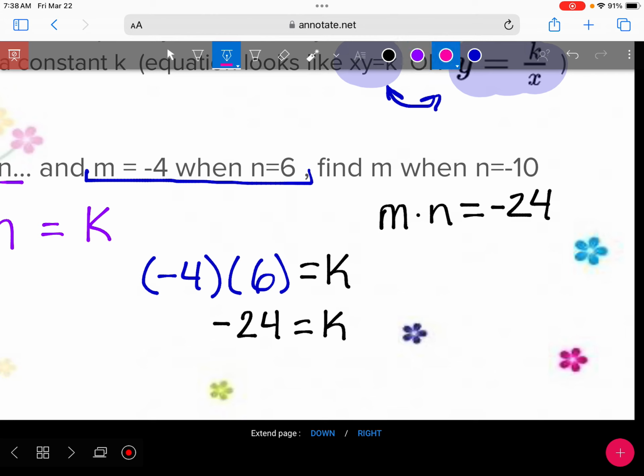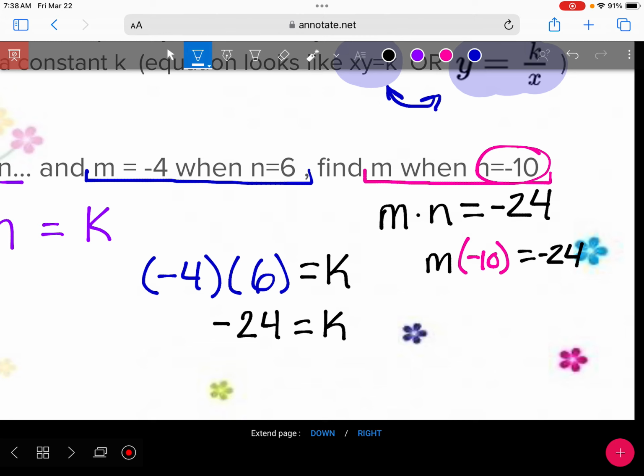So we've been asked to find m when n is -10. There we go. I'm good at words. So I know n's going to be -10, so let's substitute that in. m times -10 equals -24. What can we do to figure out what m is?